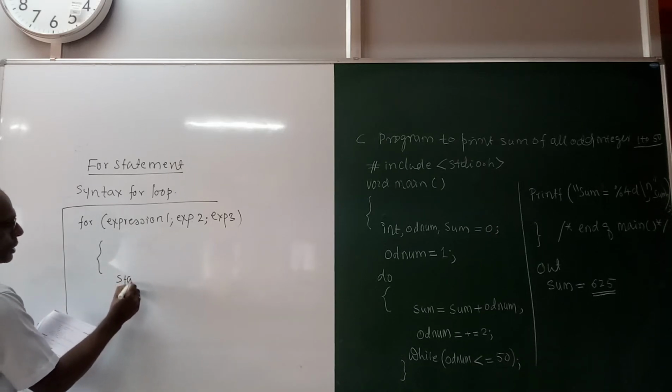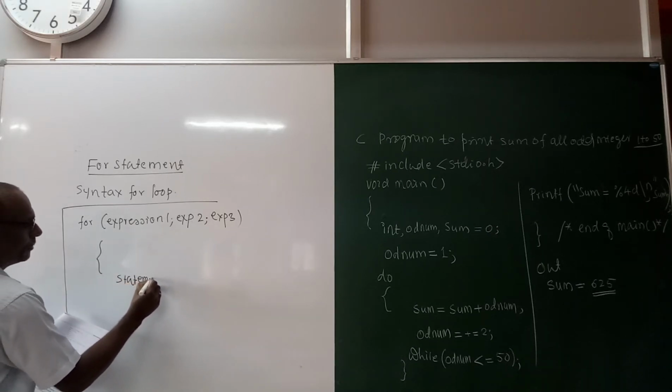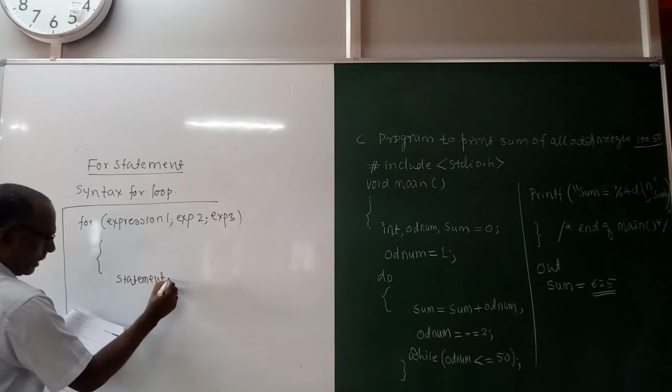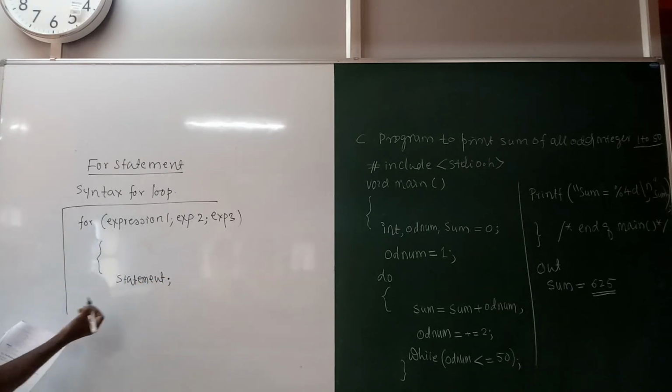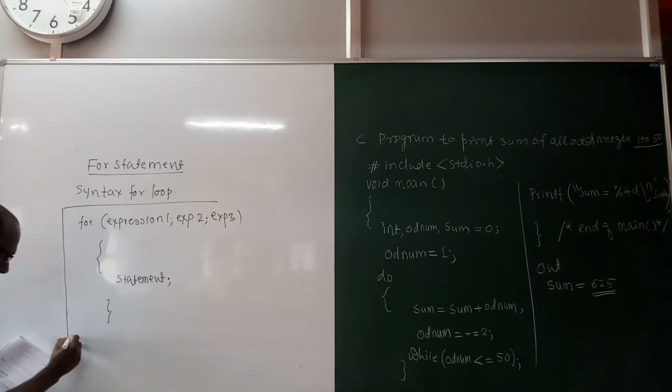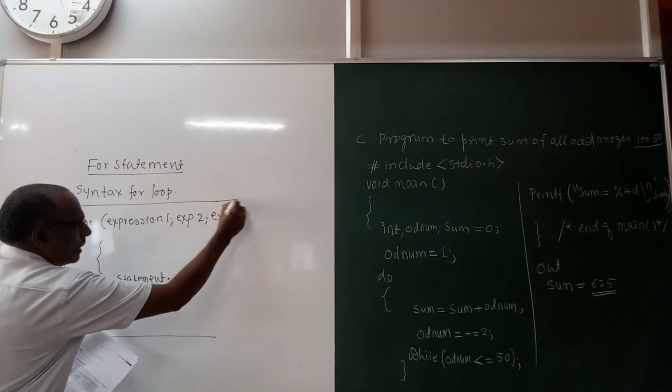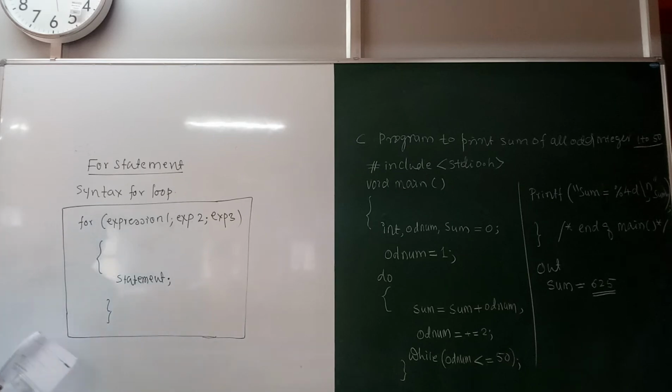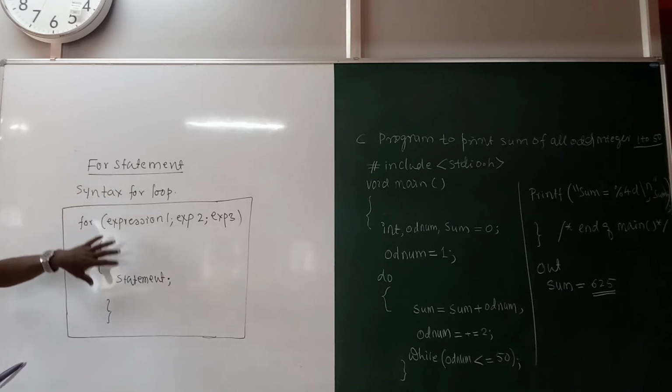Inside the curly braces, we write the statements and terminate each with a delimiter, the semicolon. This is the simple grammar, known as the syntax, of a for loop. This is the simple for loop statement.